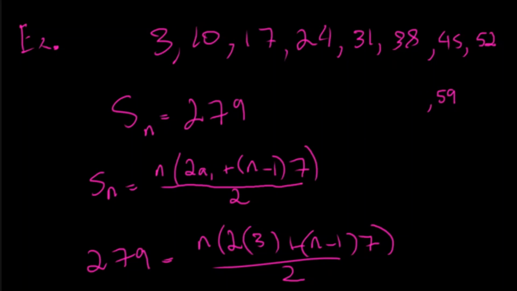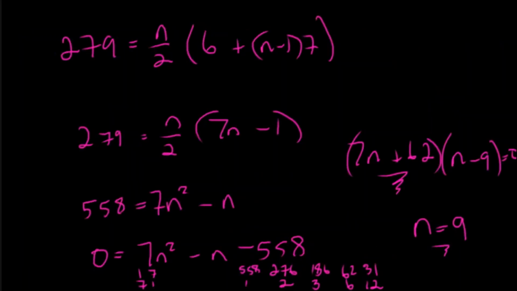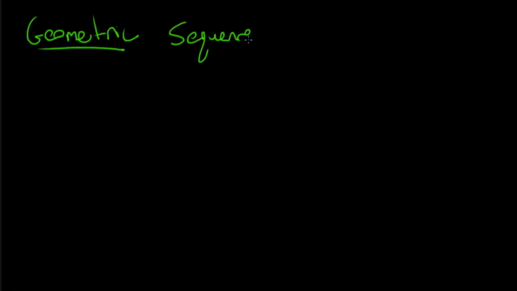That's arithmetic. The last thing I want to do in this video is talk about geometric. So, what is a geometric sequence? I'm just going to go ahead and throw it out in front of you. The definition of a geometric sequence is a sequence in which the ratio between any term and the previous term is constant.